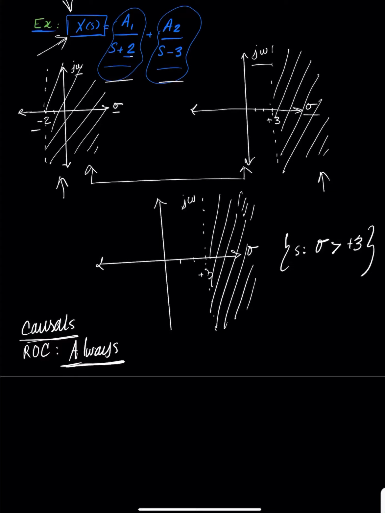The region of convergence is going to be always to the right of the rightmost vertical line, which we can see is true over here. The rightmost vertical line was our positive 3 line, and the total region of convergence turned out to be to the right of the rightmost vertical line, which was over here.